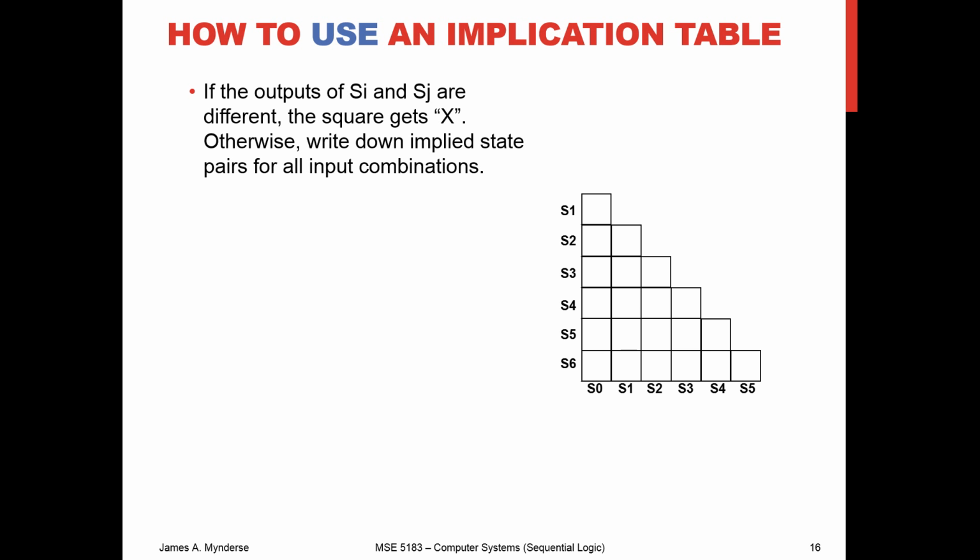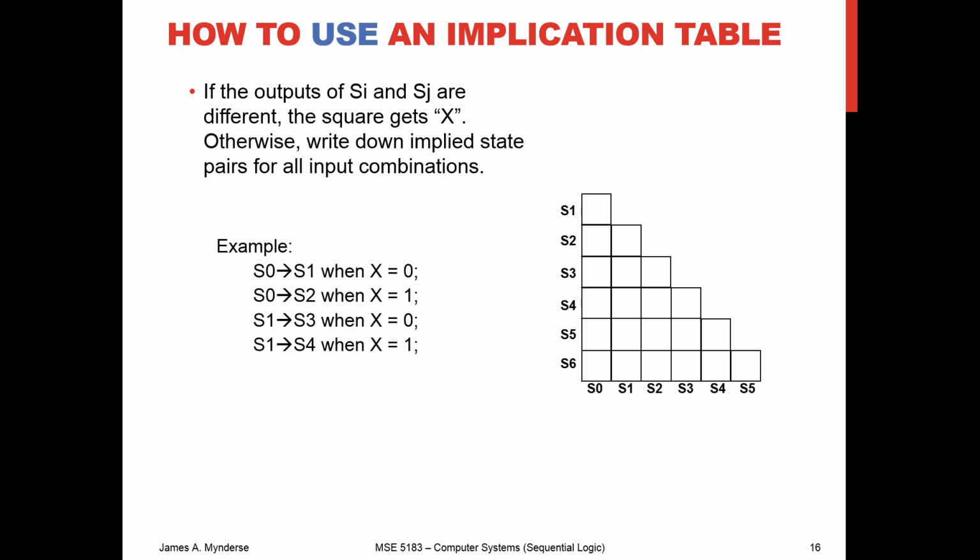So if we've got our table here, and we know, for instance, that S0 goes to S1 when X is 0, or S0 goes to S2 when X is 1, and S1 goes to S3 when X is 0, and S1 goes to S4 when X is 1, then we'll fill in our table with S1, S3, S2, S4.